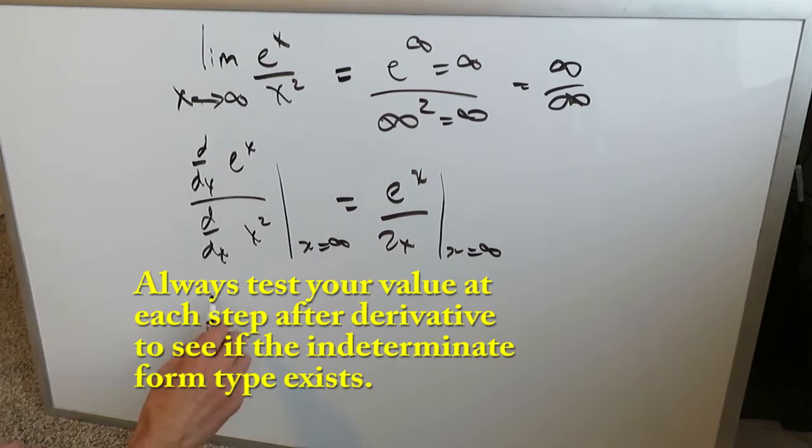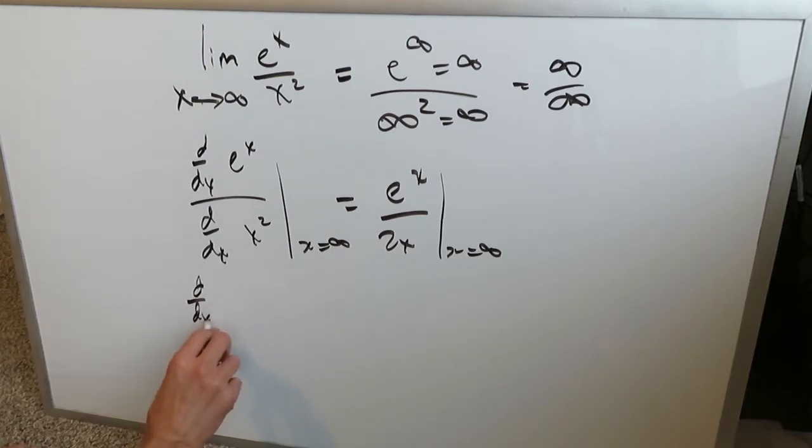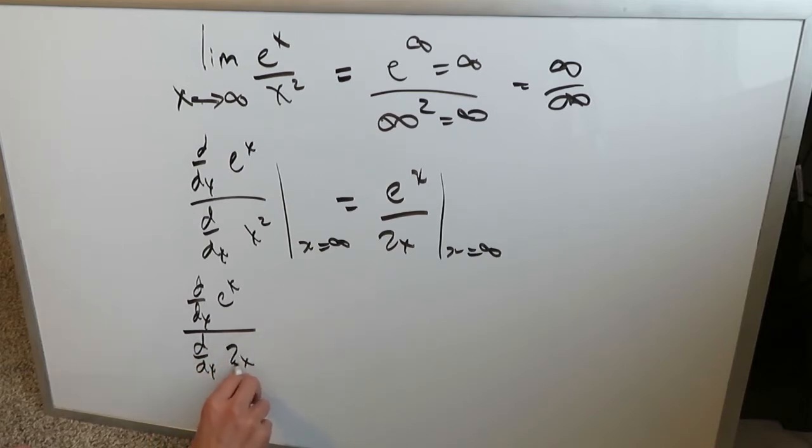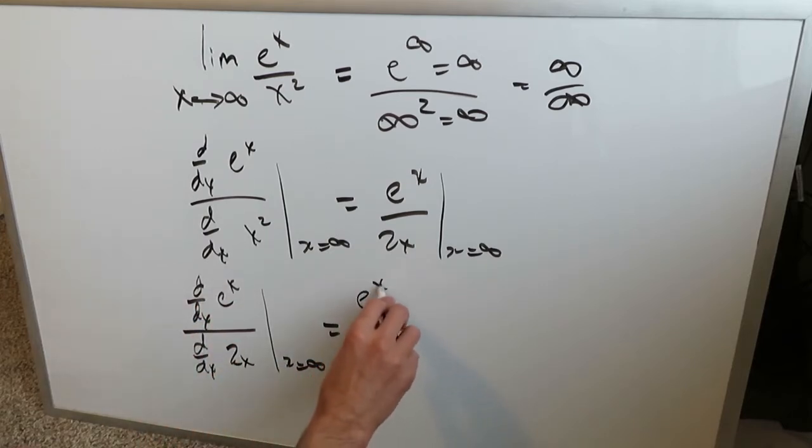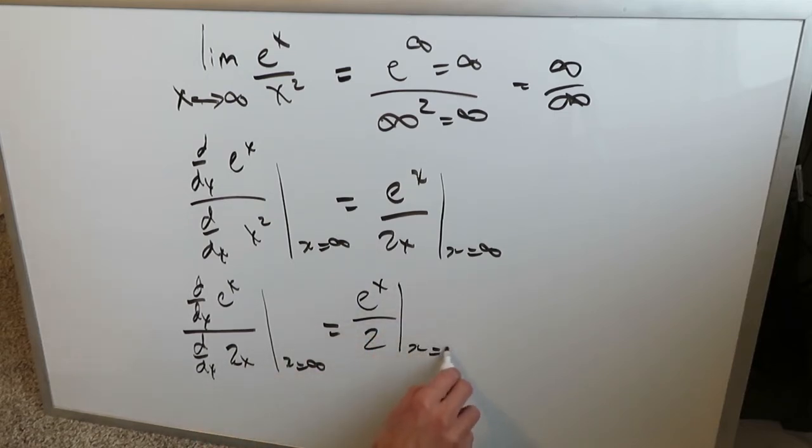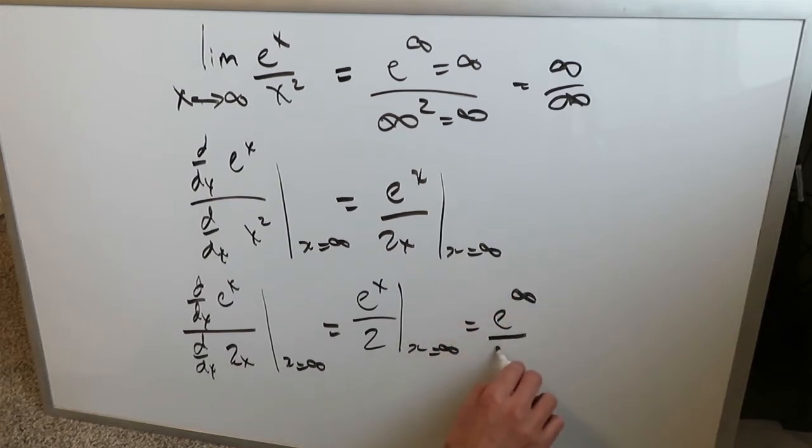Let's do another round of derivatives. E to the x in the numerator, derivative of that, and you do the derivative of 2x. And now you can see what would happen with infinity. When you did the derivative of this, you get e to the x in the numerator. Here in the denominator, you get 2. Now you can run x to infinity over here. You'll get e to the infinity divided by 2, and your final answer would be infinity.